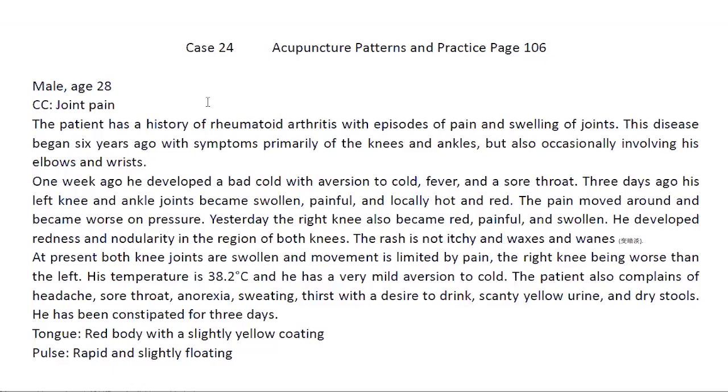But this patient's chief complaint is joint pain, so we focus on the chief complaint. We are not necessarily diagnosing the common cold. There are some symptoms related to external pathogen invading, but not the whole picture. Let's see what the symptoms are.